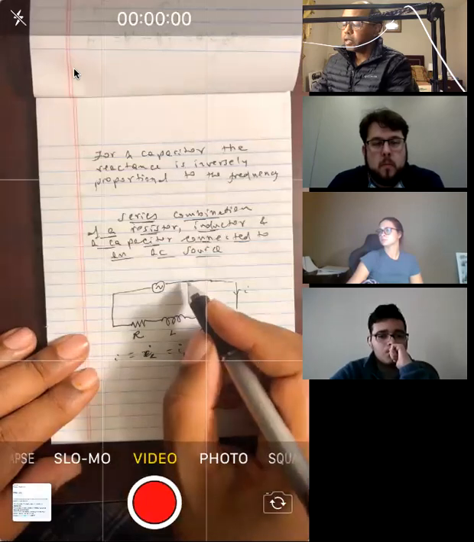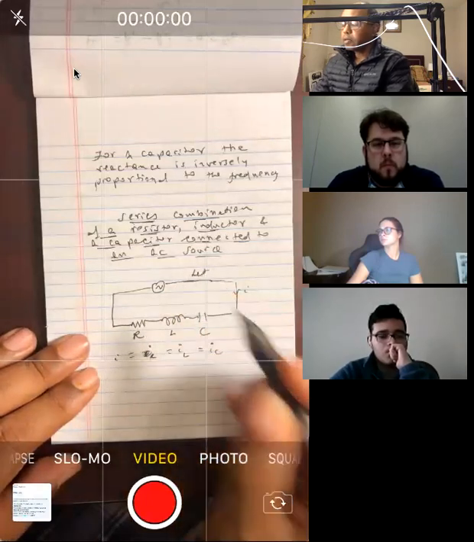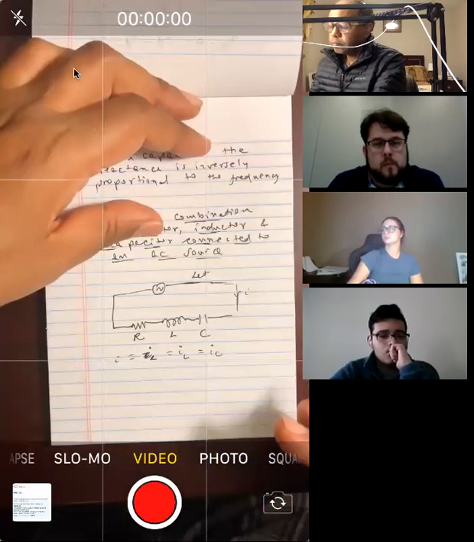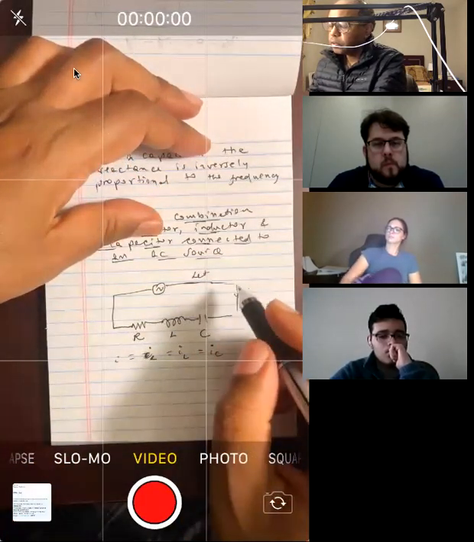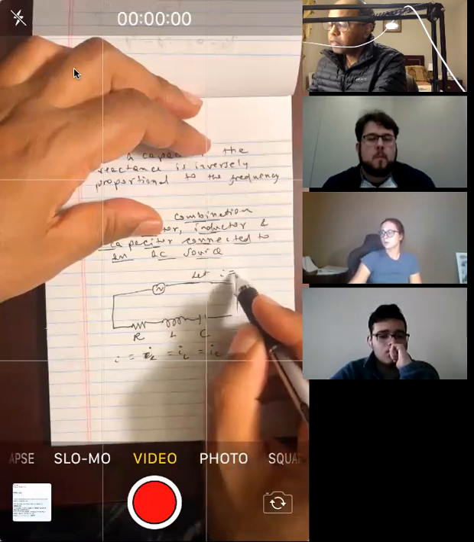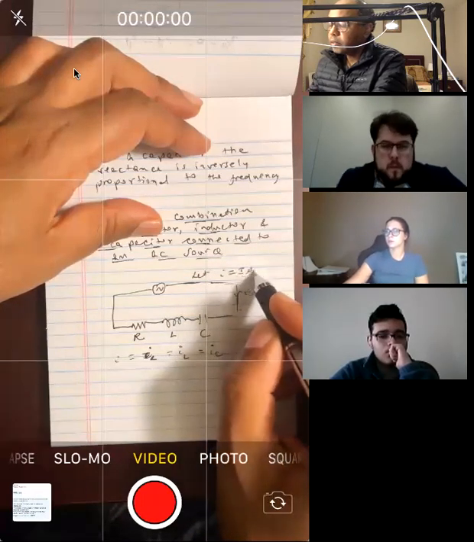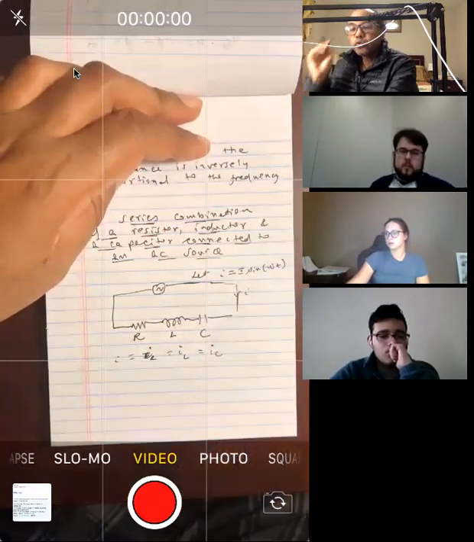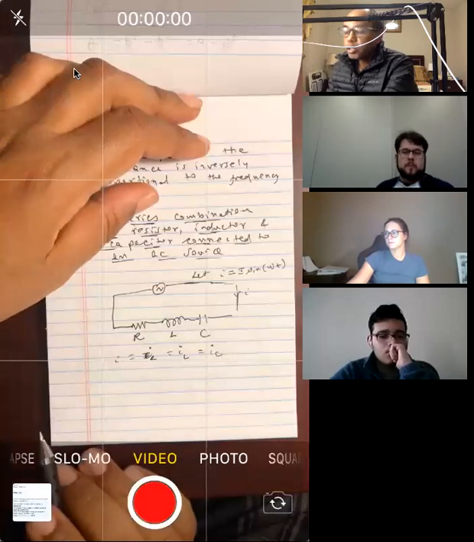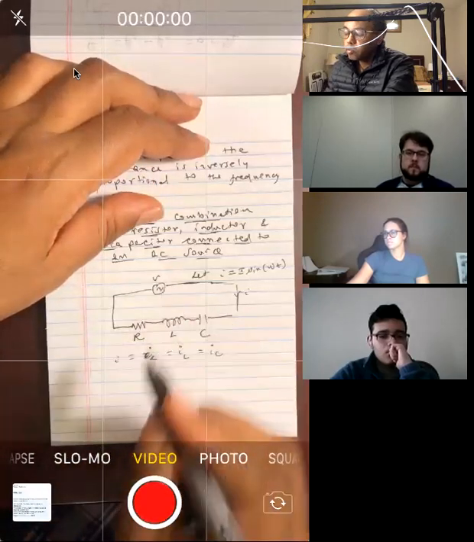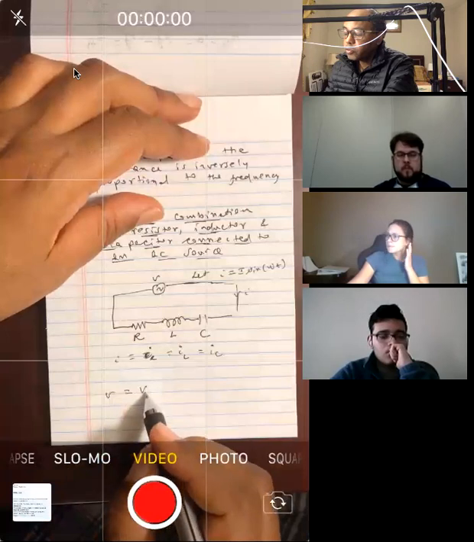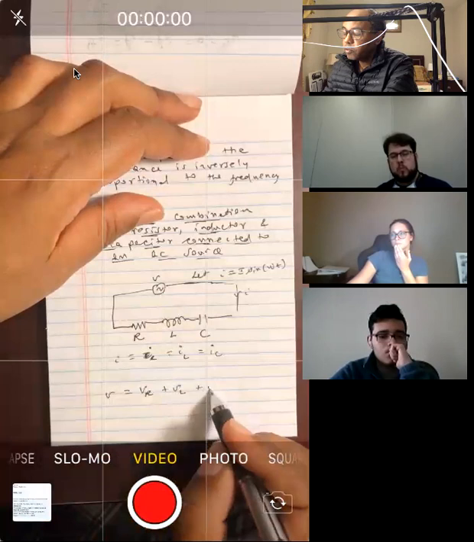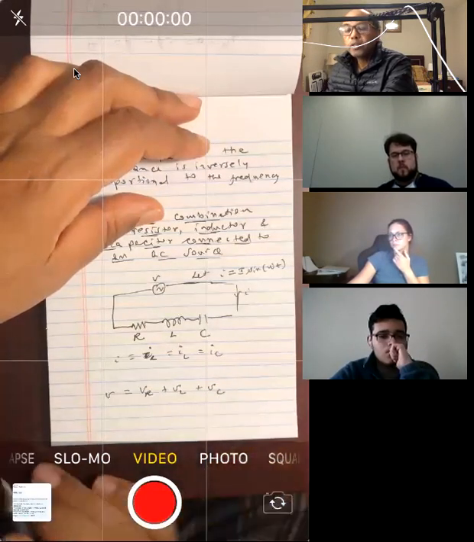Okay. So we're going to say, let the current vary like this, I sine omega t. Okay, let's assume the current is changing this way. All right, now from Kirchhoff's rule, we can easily show that the total voltage over here is the sum of the voltage across the resistor plus the voltage across the inductor plus the voltage across the capacitor.